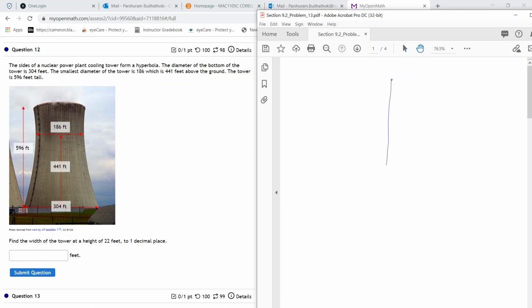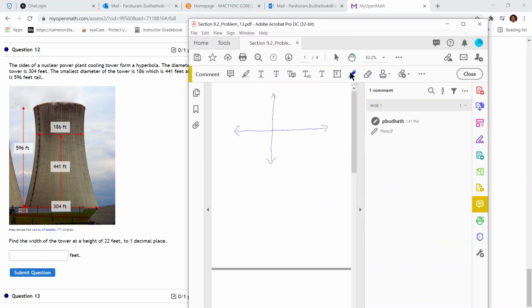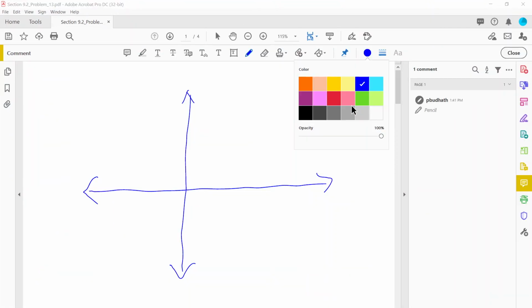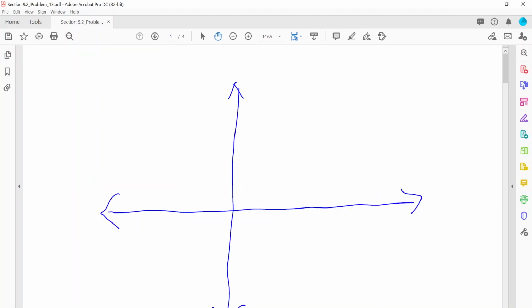So let's try to draw a hyperbola using the coordinate system. You need to draw the x-axis and y-axis. Let's say the center of your hyperbola is at the origin.